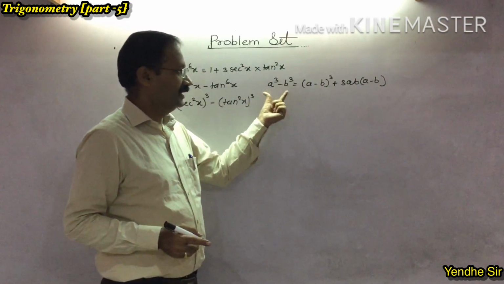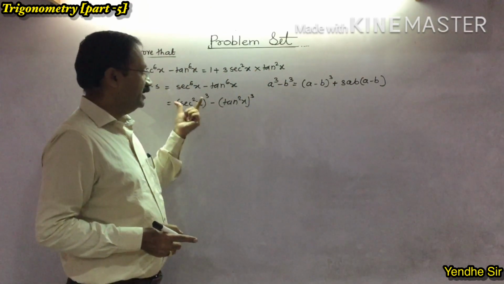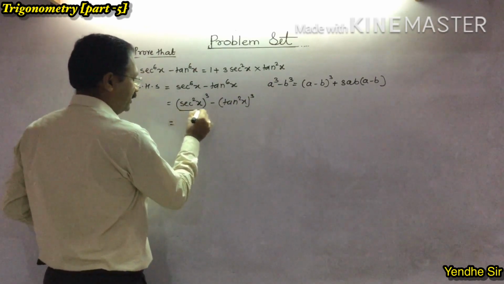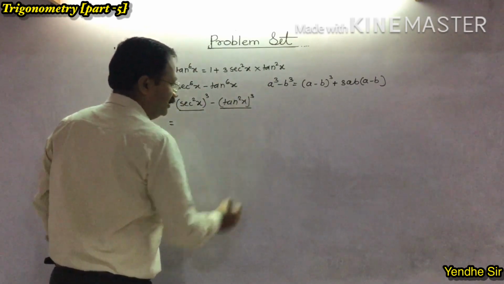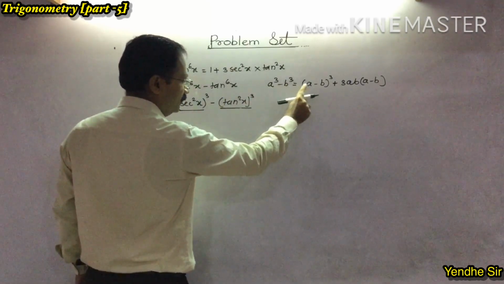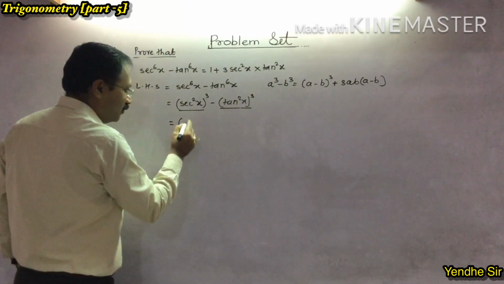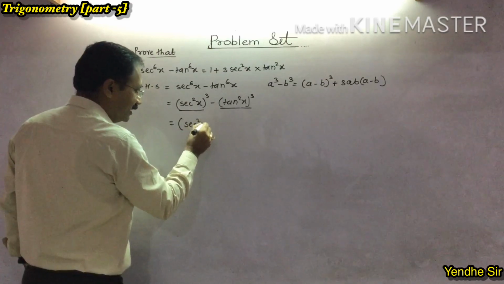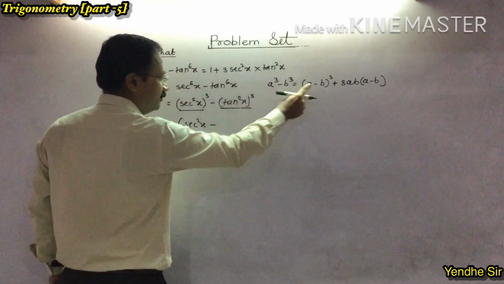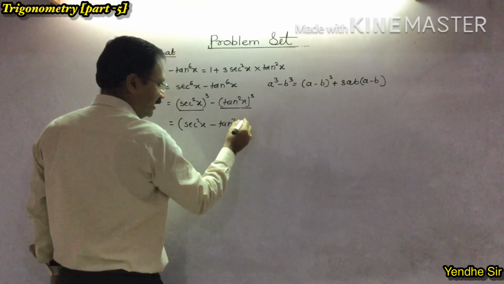Okay, see this formula. Now I am going to substitute all these sec square x in this formula. So this is nothing but a cube and this is nothing but b cube. a cube minus b cube. So what is the first step? a minus b whole cube. a is what? Sec square x. This is our a. Minus, which is our b, tan square x. Is it correct?